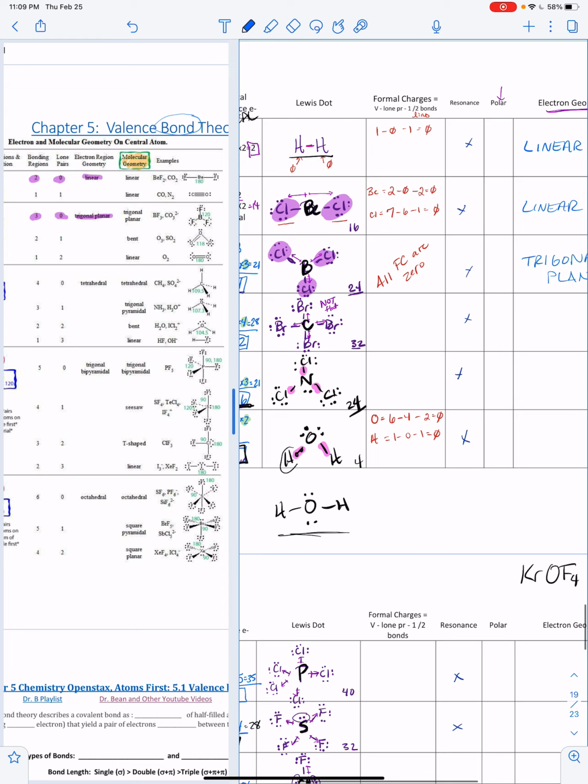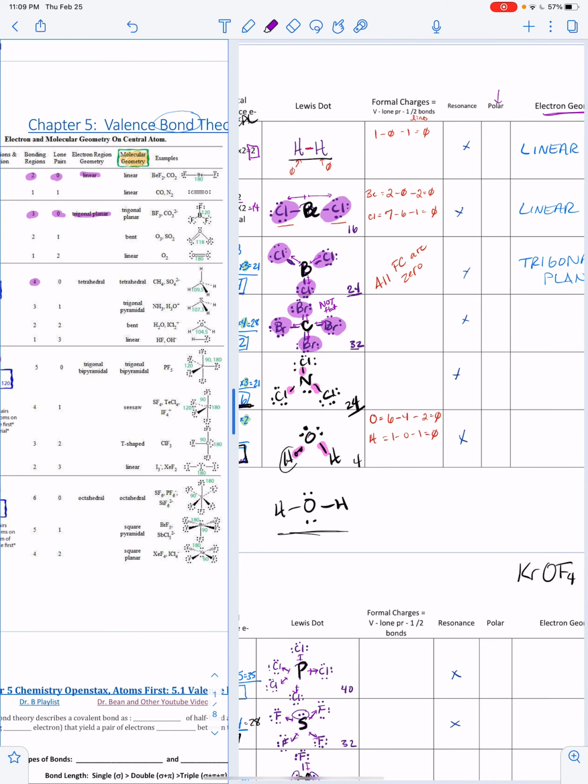Now, our next one, notice that we have 1, 2, 3, 4 regions in it, and there's still no lone pairs. So 4 regions, 0 lone pairs, and that is called tetrahedral.